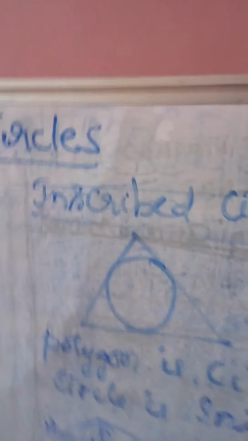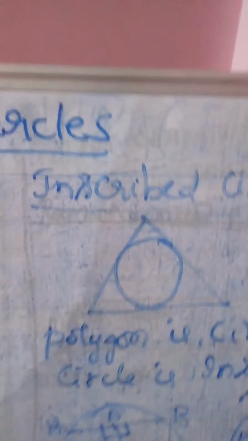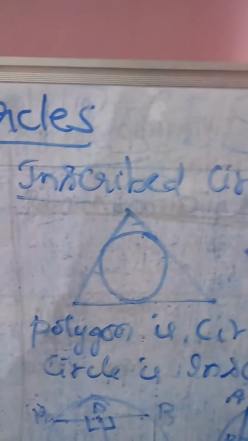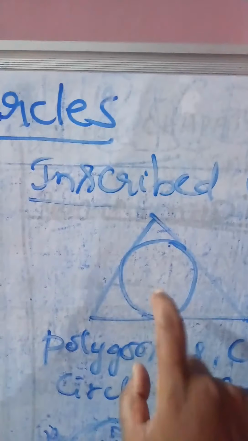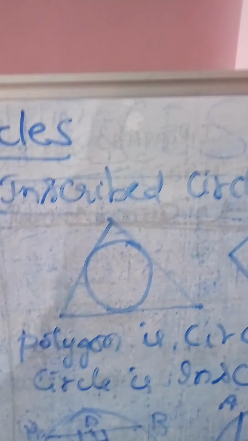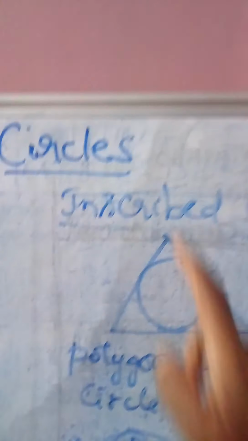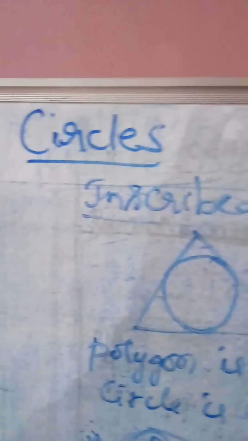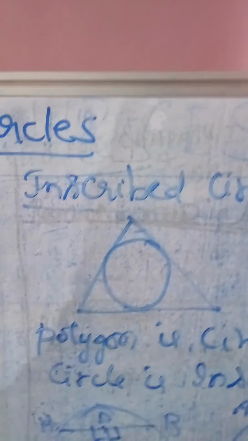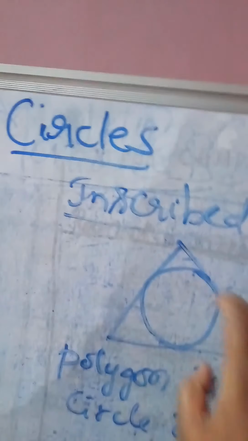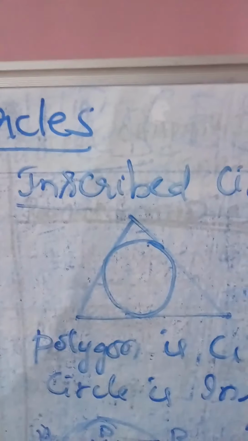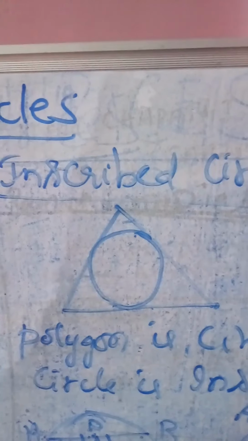Similarly, here we come to learn about inscribing a circle, the inscribed circle. In a triangle, you have learned how to draw a circle inside a triangle by drawing angular bisectors and so on. This circle inside the triangle, you call an inscribed circle.